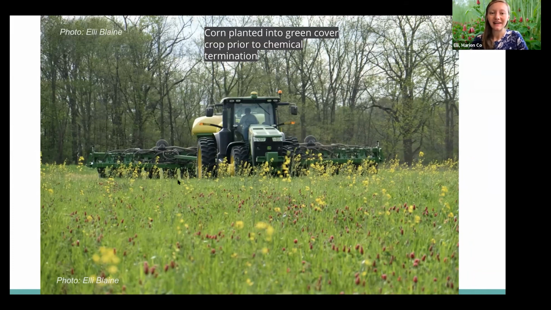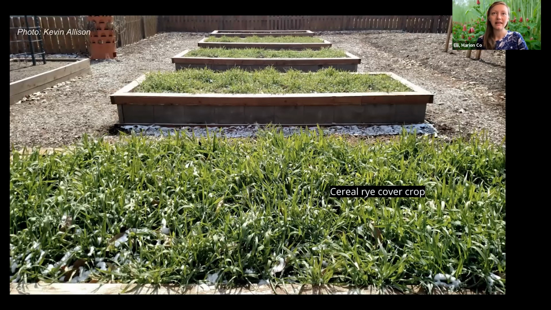We won't see this on a small scale as much, but we can implement ways of using cover crops when they are still living, and terminating them in a way that maximizes some of their benefits. Here's an example of cereal rye being planted on raised beds. And so no matter what scale you're on, you can use these to effectively build your soils.